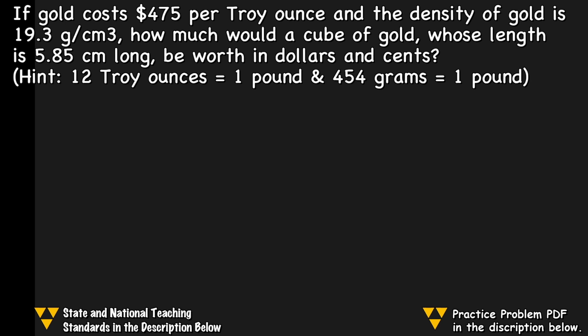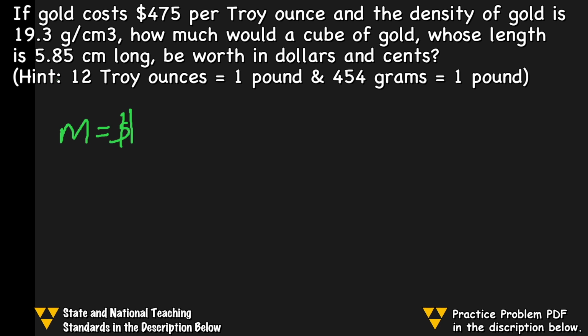Well, when I look at this problem, I need to figure out price. But in order to figure out price, I need to be able to figure out the mass. So I'm going to write down I need mass so that I can get dollars.